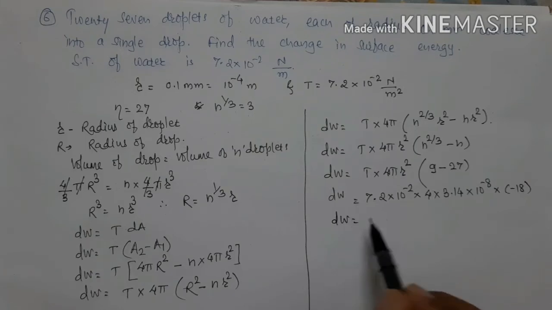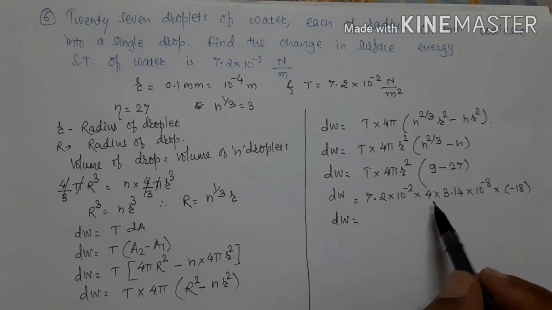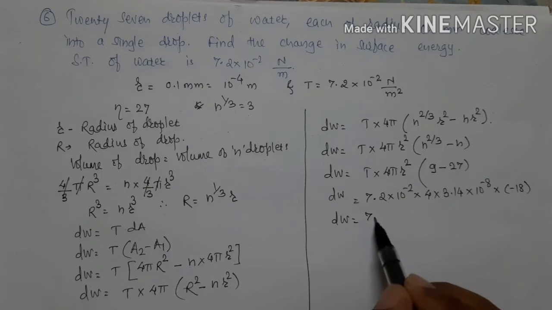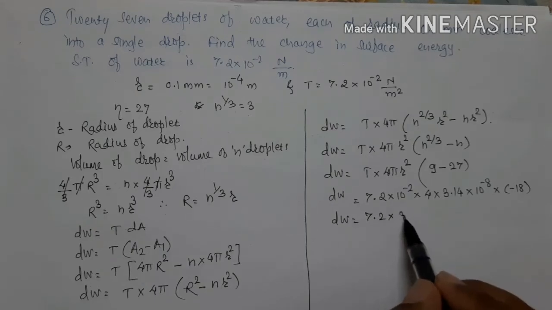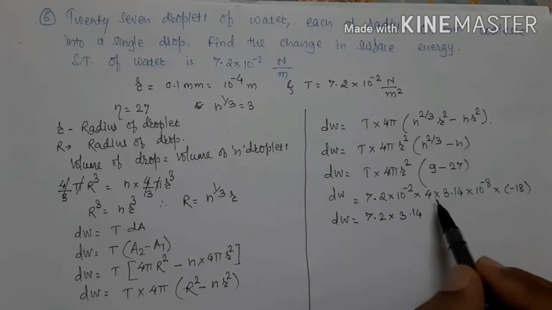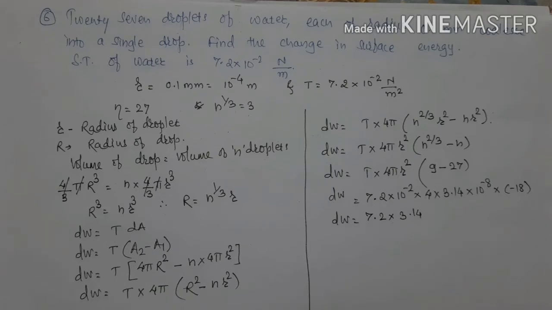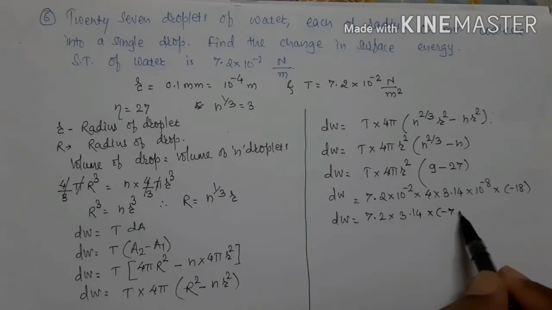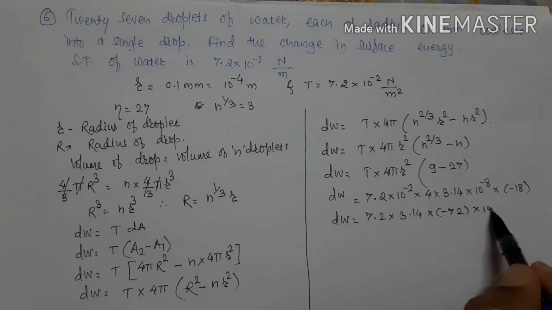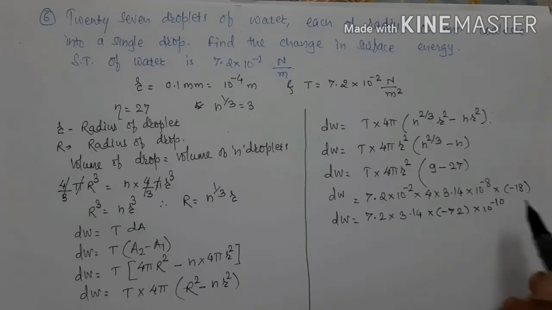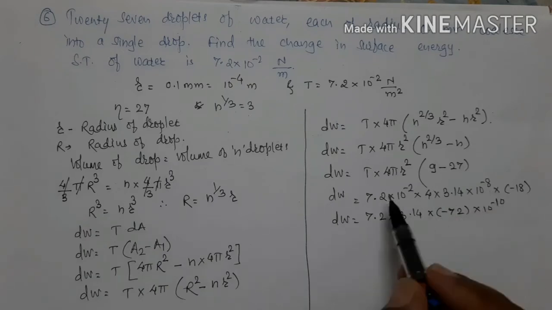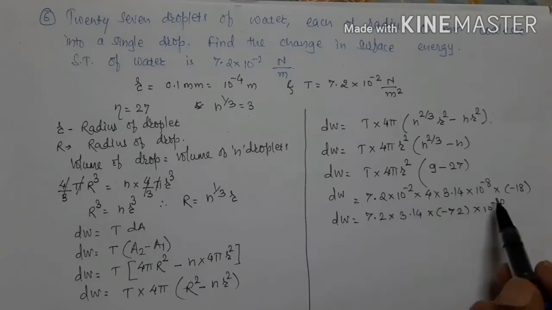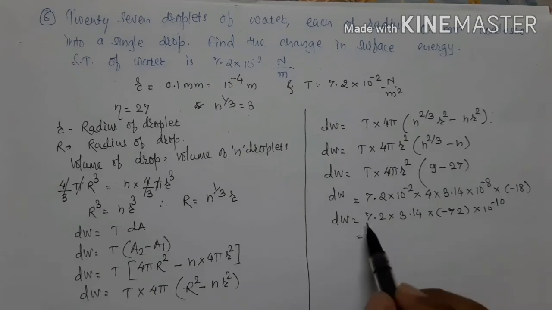Therefore, this work done is equal to 7.2 into 3.14 into 18 into 4, minus 72 into 10 to the power of minus 10. 10 to the power minus 8, 10 to the power minus 2, 10 to the power of minus 10.